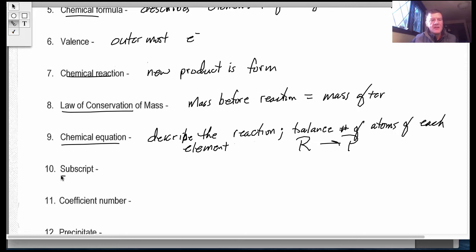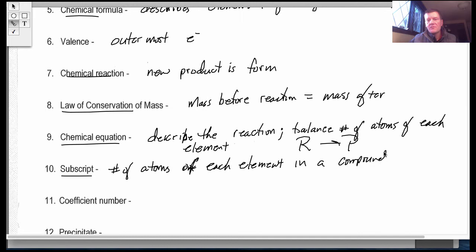Okay? The subscript is telling us the number of atoms, I should say, of each element in a compound or in a molecule.